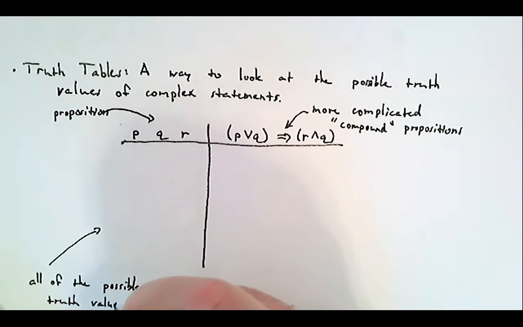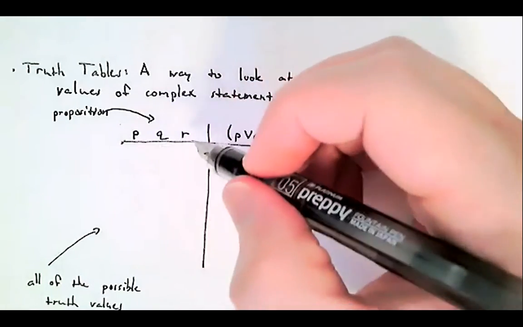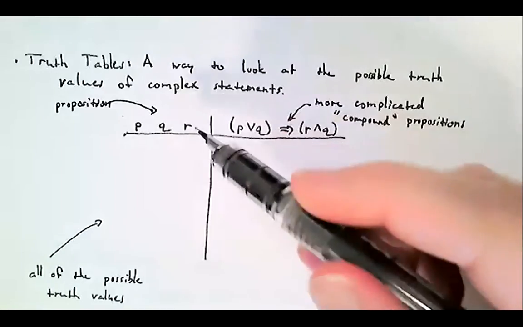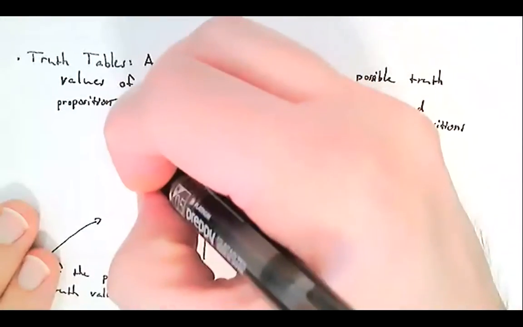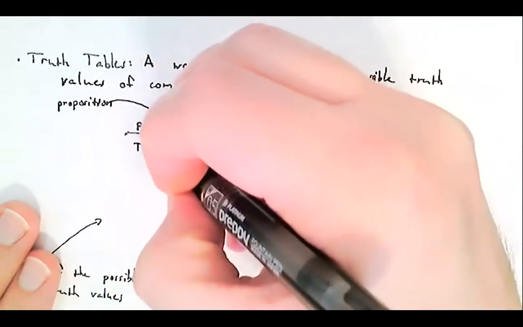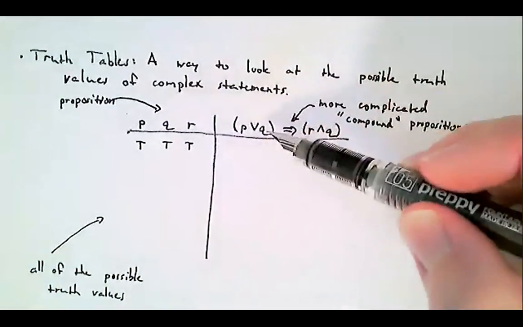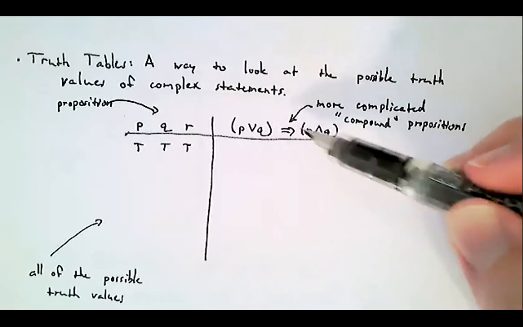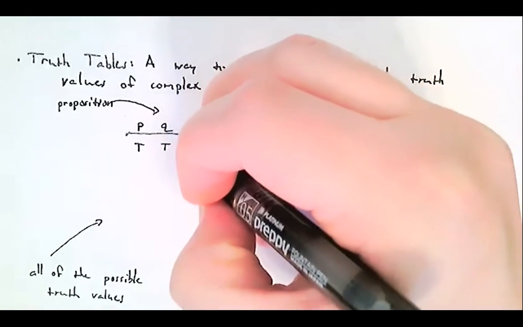So what I mean by that is that P and Q and R could be true or false, and the combination of which ones are true and which ones are false can change. So I might start by saying they could all be true, and then when all of them are true, I would try to figure out if this statement is true or false. We're not going to worry about that right now. That's for a little bit later.